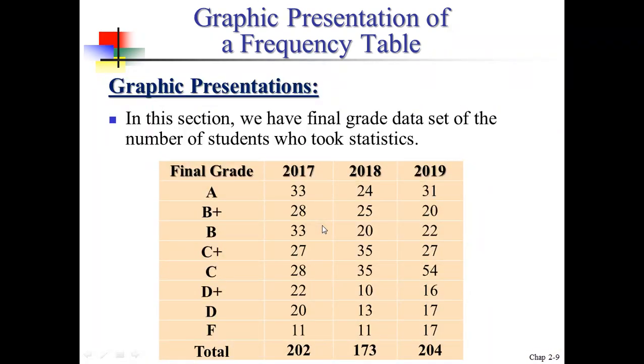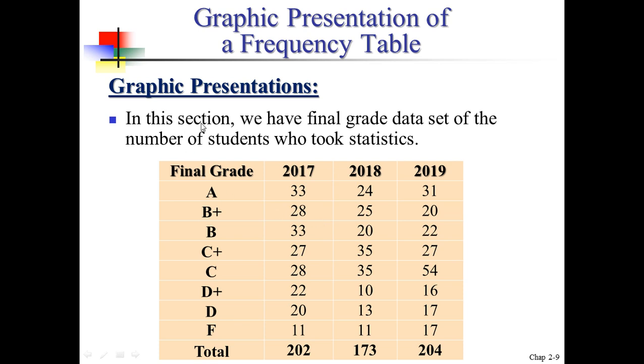Okay, now suppose that we have a new data set. This is a new data set that I have for you to see together how, based on this data set, to make the three types of bar chart, and how to make a pie chart.